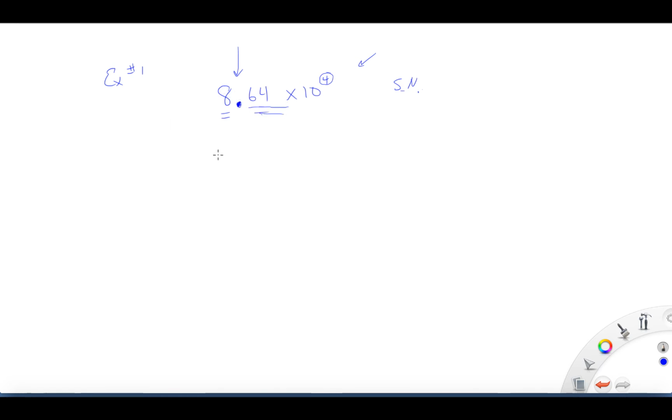In other words, you can't have 86.4 times 10 to the 3rd power. We have to move this here, which is 8.64 times 10 to the 4th power. The first is kind of correct, but it's not proper scientific notation.